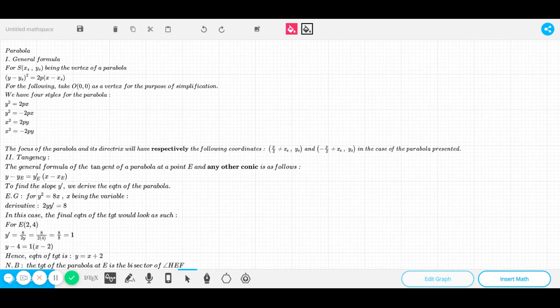The derivative: we know that in mathematics the variable is x, in physics the variable is t, so x prime would definitely be equal to 1, and in physics t prime would definitely be equal to 1. That is not the case with y. y is not the variable.